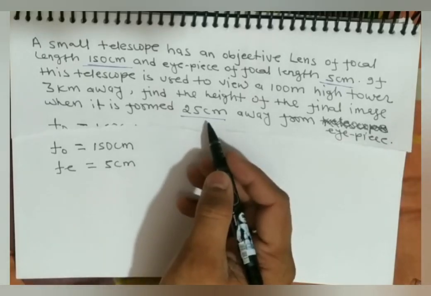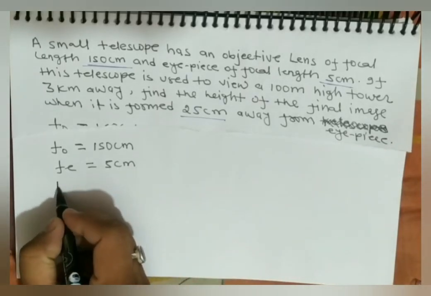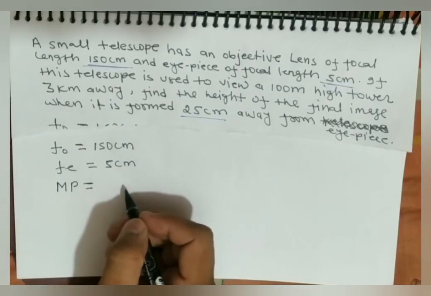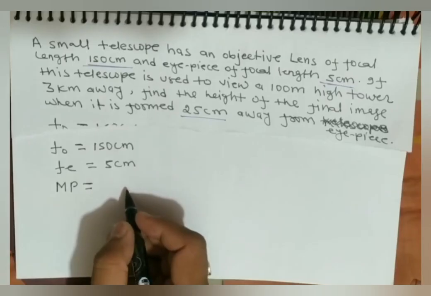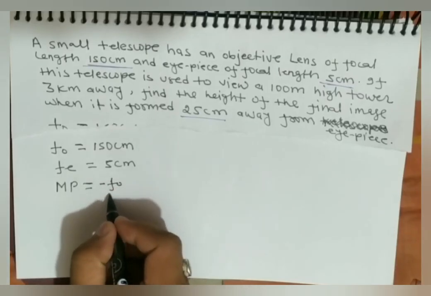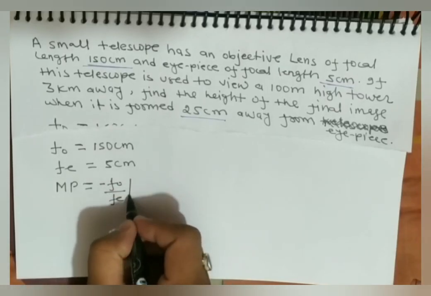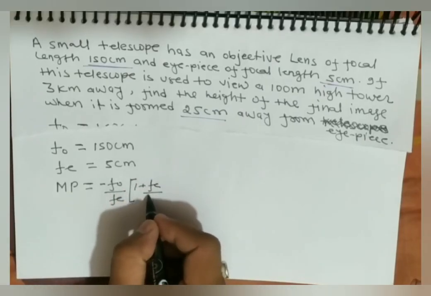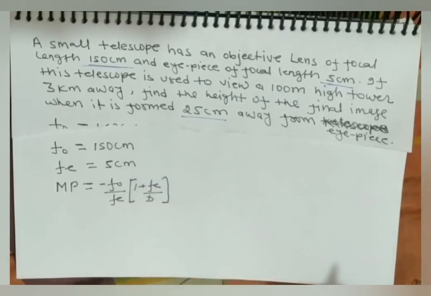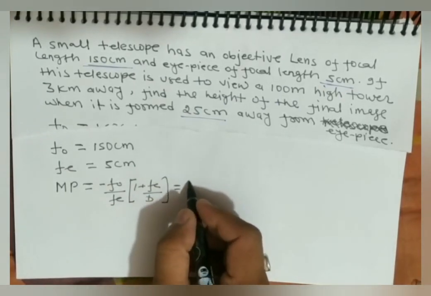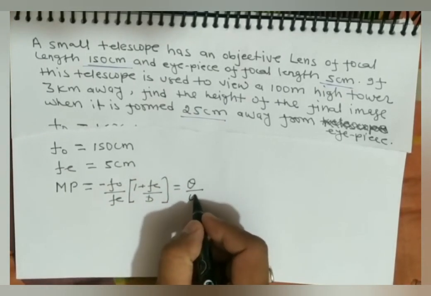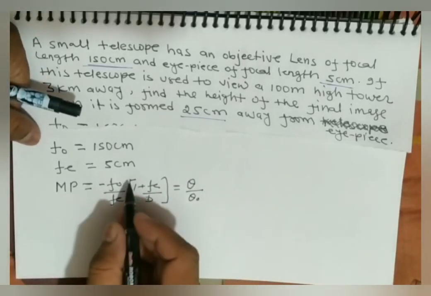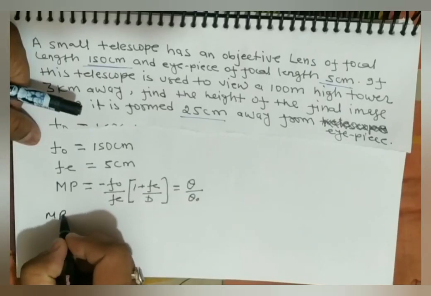This is 25 centimeter, which means it is a case of near point, and for near point we know the formula: f naught upon FE into 1 plus FE upon D, which is nothing but the visual angle with the instrument upon the visual angle without the instrument. We can first calculate the magnifying power MP.